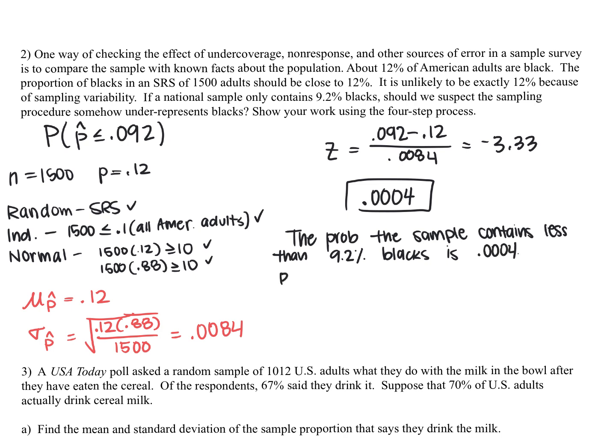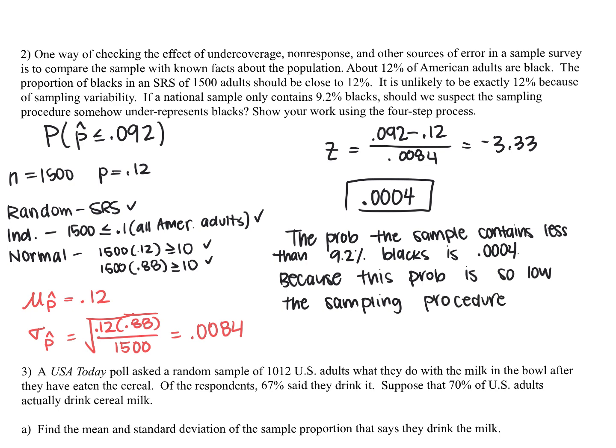And because the probability is so low, the sampling procedure underrepresents Blacks. So our result of 9.2% is not due to sampling variability, it's due to undercoverage, non-response, or some other form of bias.